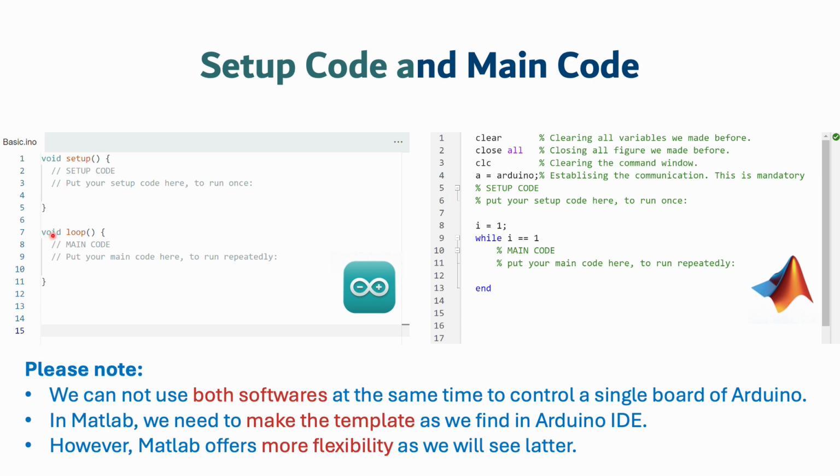Other than that, let's say number 13 is output, and then anything you write here will be executed repeatedly. For instance, at the first line, you execute pin number 13 high or active.